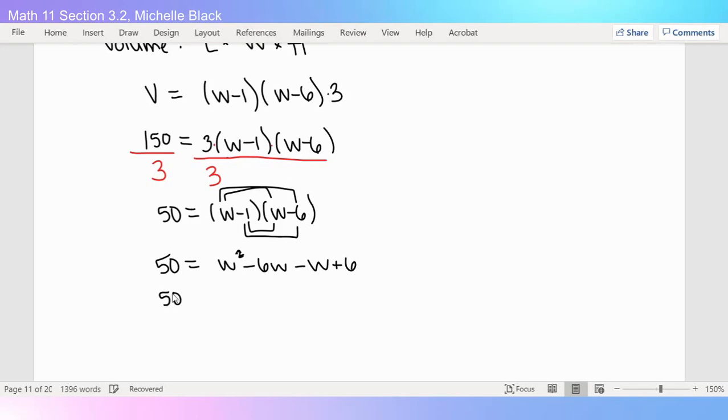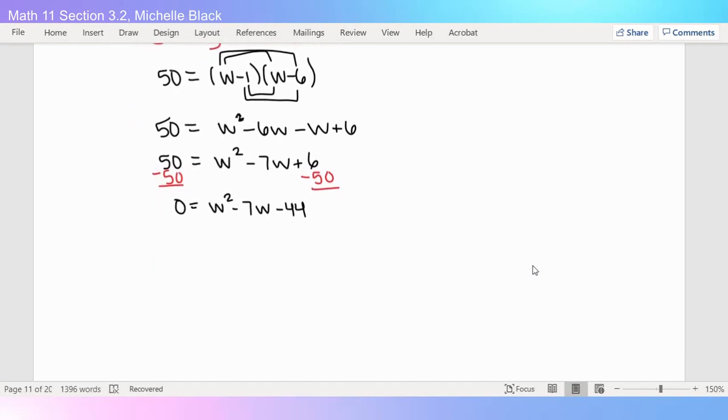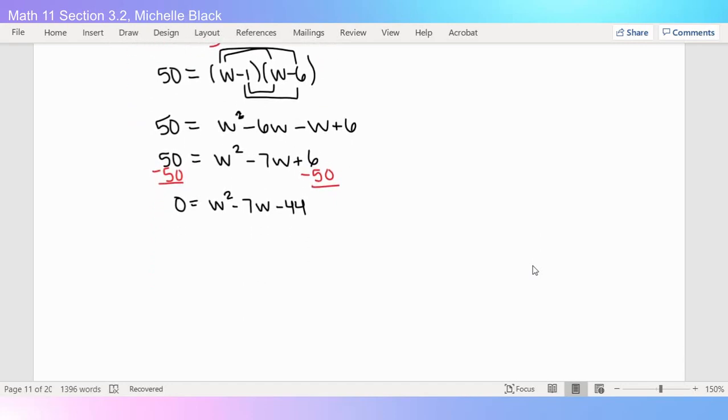Combine like terms, 50 equals w squared minus 7w plus 6, and I'm going to move the 50 to the other side so that I can have this set equal to 0. So now I have this quadratic equation, 0 equals w squared minus 7w minus 44. Let's try to factor this.